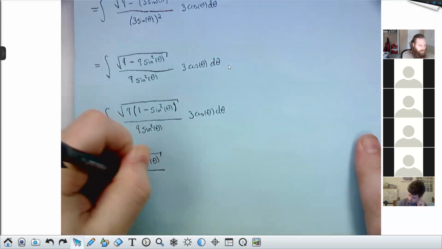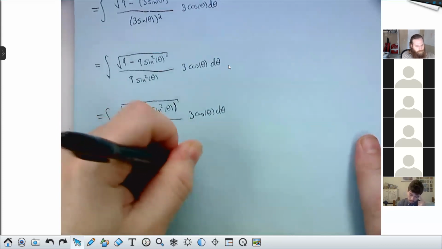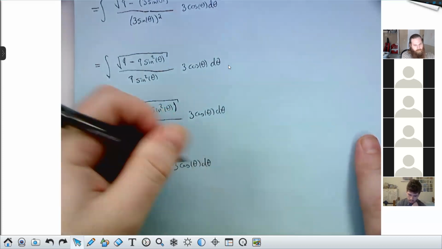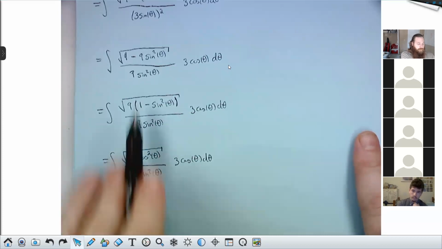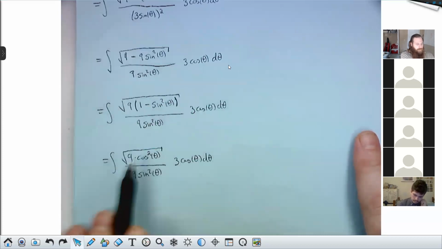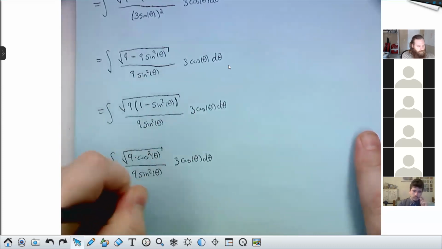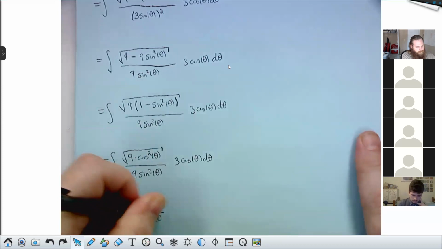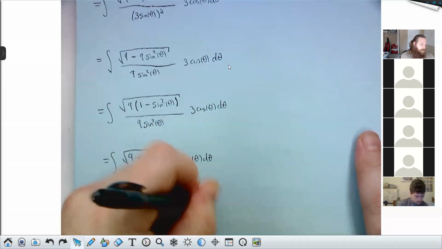Downstairs is 9 sine squared theta, and over here is 3 cos theta d theta still hanging out. Square roots hate subtraction and addition, but they love multiplication. So now I can take the square root of the 9 and the square root of cos squared, and I get 3 cos theta upstairs. Downstairs, I have 9 sine squared theta, and over here I have 3 cos theta d theta.